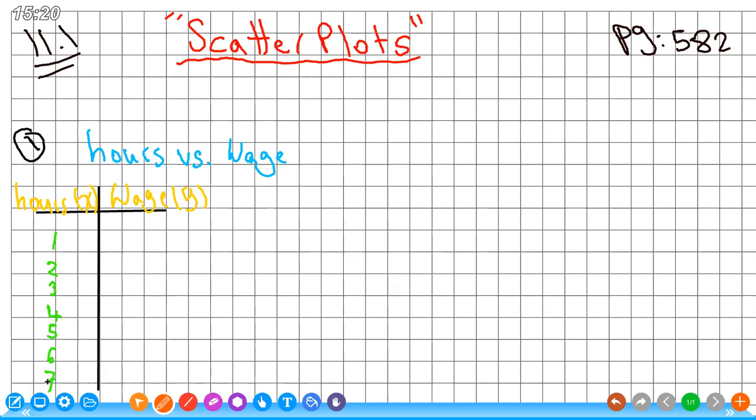For wages, starting from 50, 60, 70, 120, 90, let's say this is 80, this is 75.